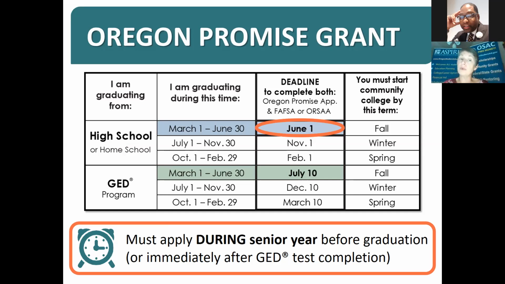If you decide you're going to graduate early, let's say in January, you have a deadline of February 1st, and you must start community college in spring. So either way, you must go to school right away. You can't take a gap year, okay?